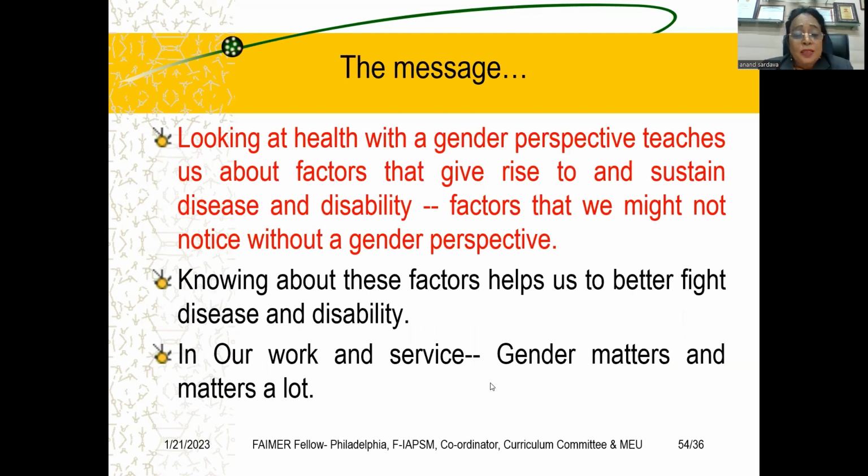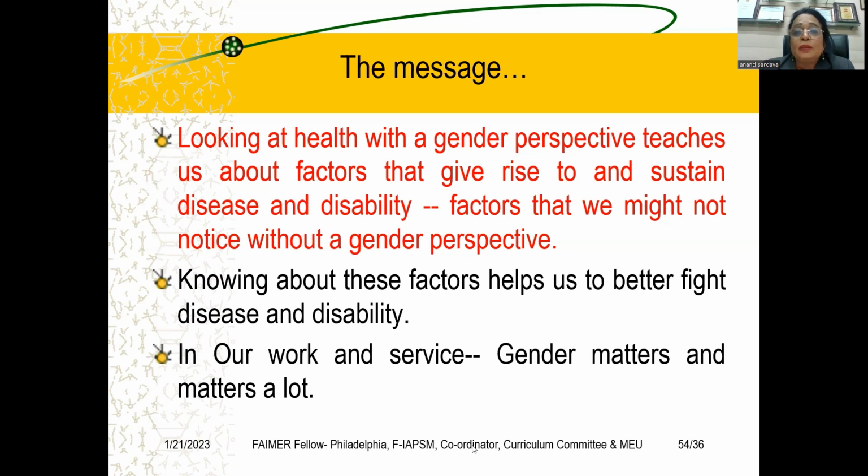the gender analysis tools can be applied to one condition or several conditions. It differs from one condition to another, but the fact is that gender has a great bearing on the lives of men and women, being male and female.